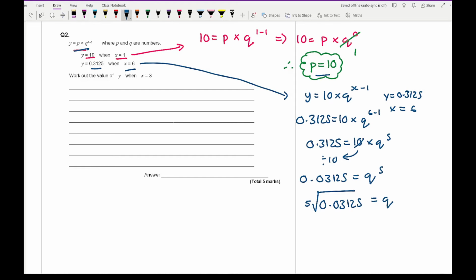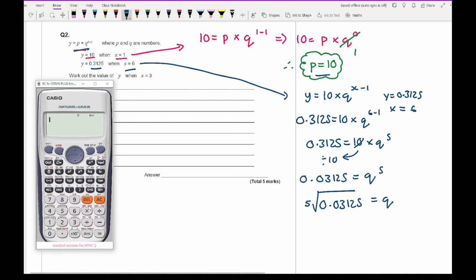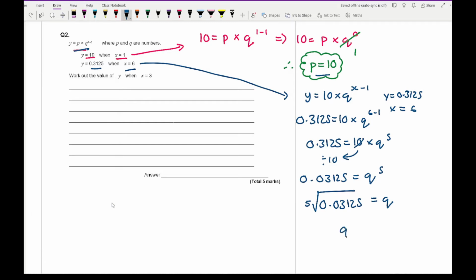Now if you're not sure about how to access that 5th root, then load up your calculator, and just above your X with a little bar you can enter your universal power button. So if I press shift and then that, I can enter the root, so it's 5, and then enter 0.03125 equals, and it comes up as q equals a half.